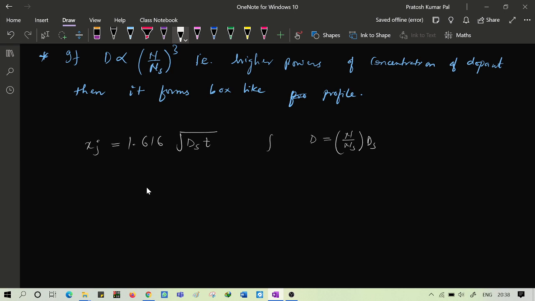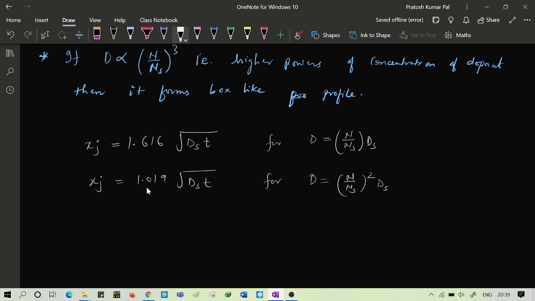Then in other cases, like the relation D is equal to n by ns to the power 2 Ds, if the diffusion coefficient is varying with respect to this, then in that case the junction depth is given by this, that is less than this value.